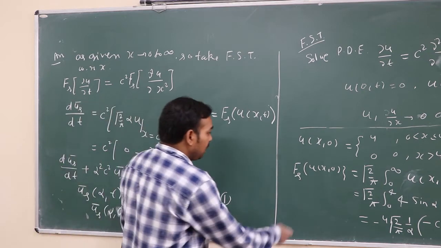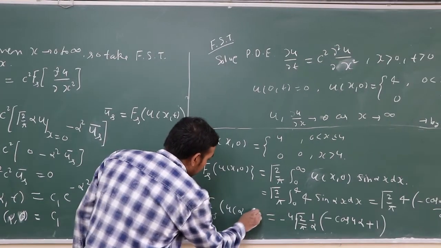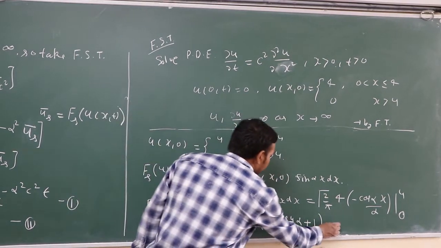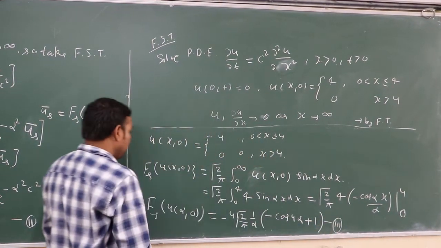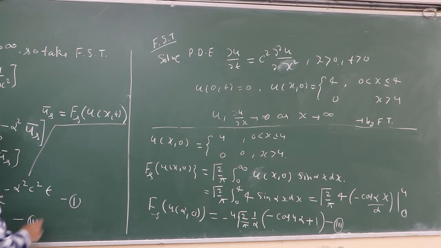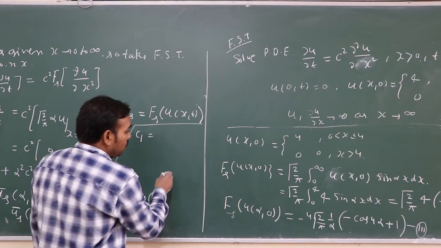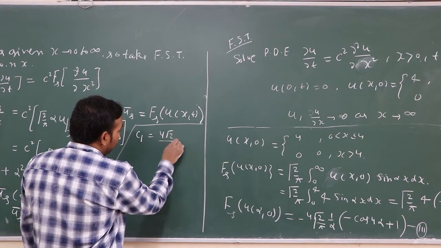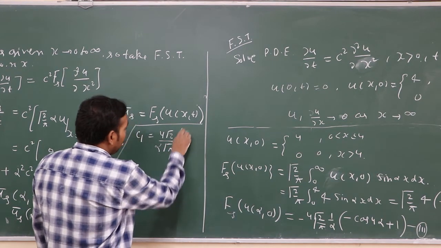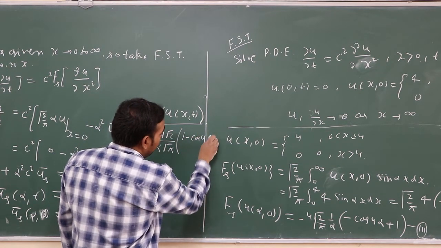So we say that this is the Fourier sine transform u_s(alpha, 0), call it 3. Now if we compare 2 and 3, we simply get c1 equal to 4 under root 2 upon alpha under root pi, times 1 minus cos 4 alpha.